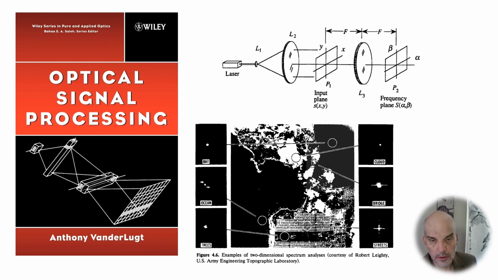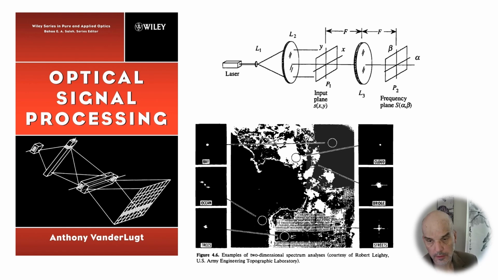And what we see at the lower curve is Fourier transforms of different components. Streets are periodic, and they produce a kind of periodic Fourier transform pattern. Trees, and the ocean, presumably waves on the ocean, create a kind of diffraction pattern that is recognizable that an optical processor could detect.